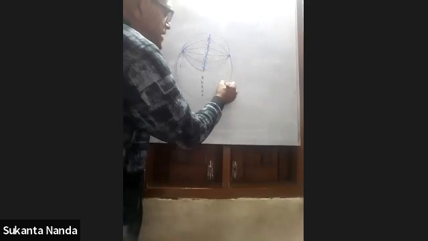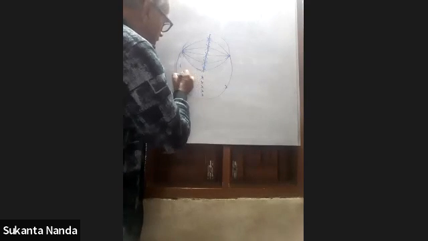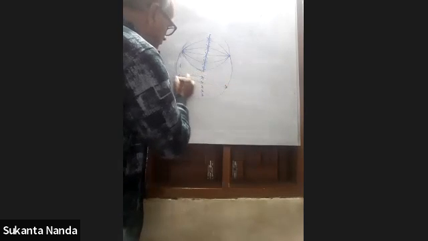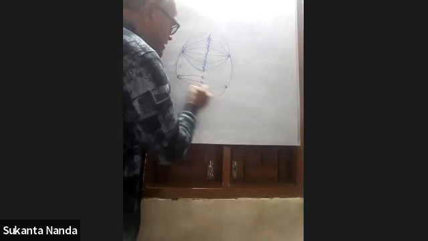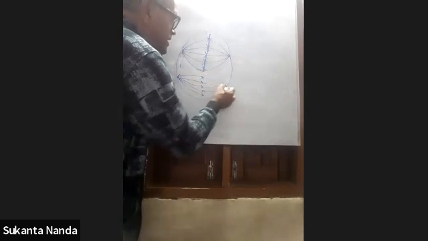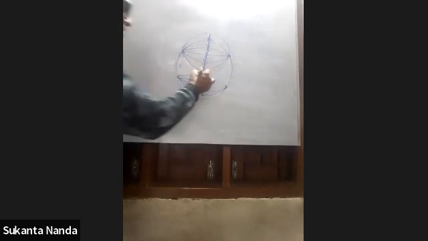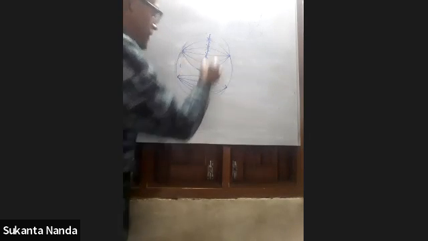Mark it: the spindle fibers are joining it. This is the equatorial plate in the other nucleus.